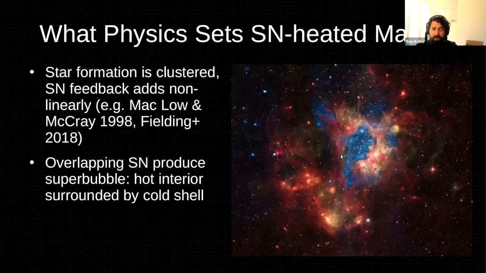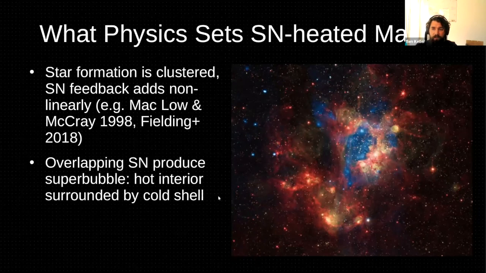So the first thing to think about with this, of course, is what physics is involved here in setting the supernova heated mass, because as I mentioned at the beginning, this is really an overmixing problem. So for one thing, we know that because star formation is clustered, feedback itself must be clustered.